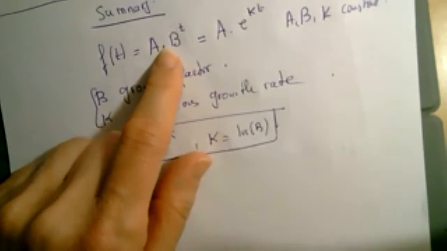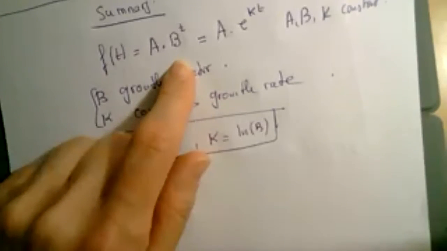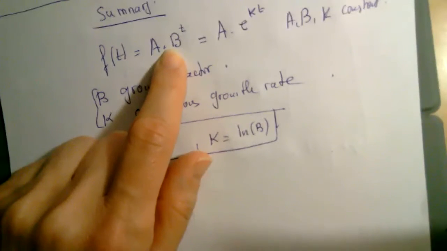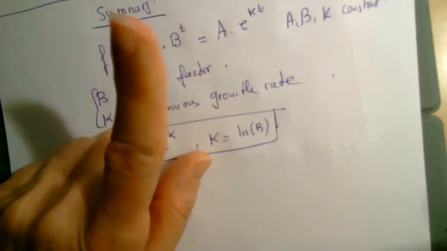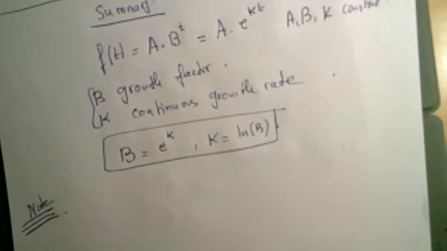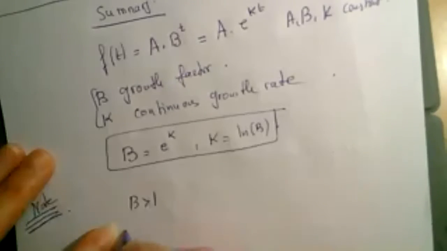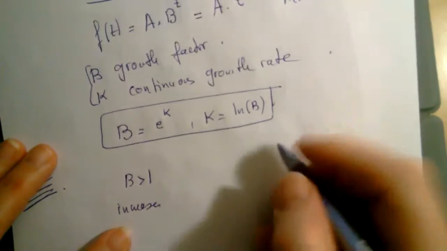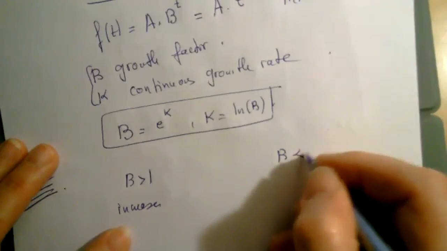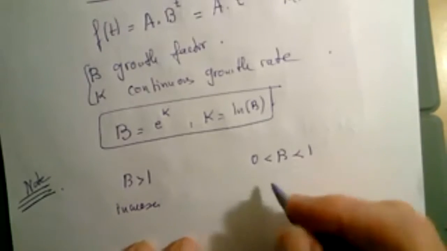If b is more than 1, it's increasing, so b greater than 1 means growth. b is always positive. If b is less than 1, decay.